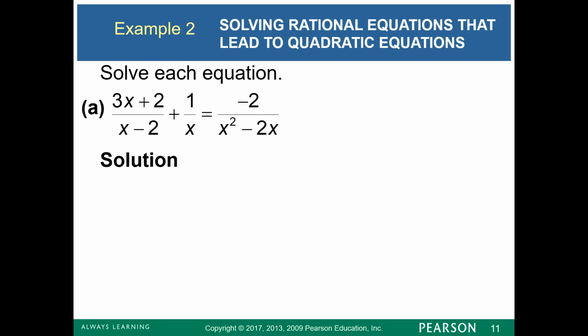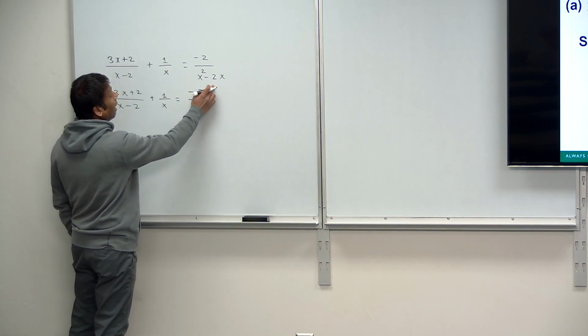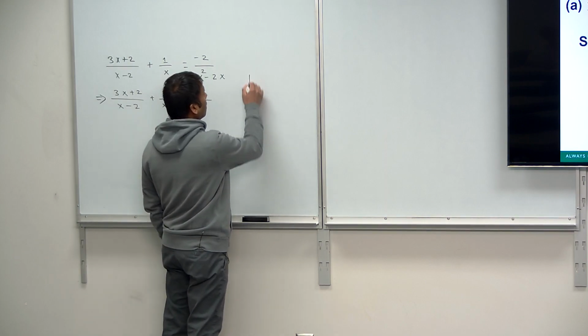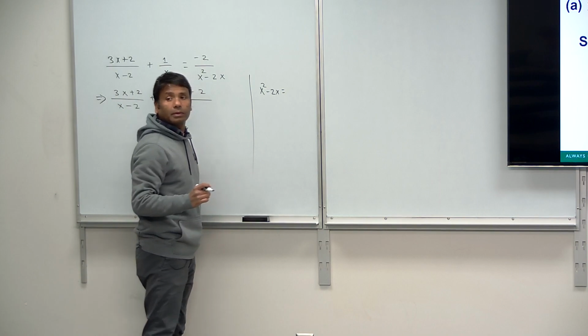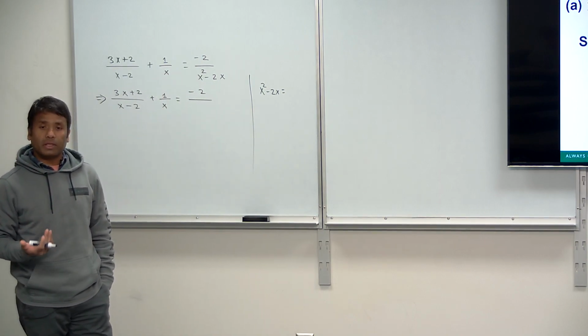First of all, this equation can be written as 3x plus 2 over x minus 2 plus 1 over x equals negative 2 over, hey, how can you factor out x squared minus 2x? What are the factors of x squared minus 2x?